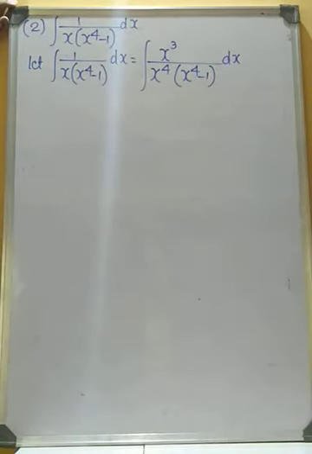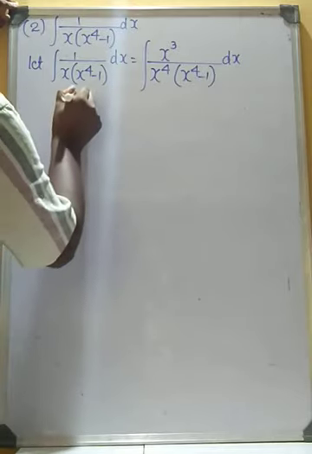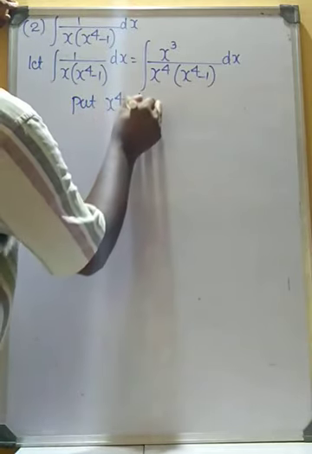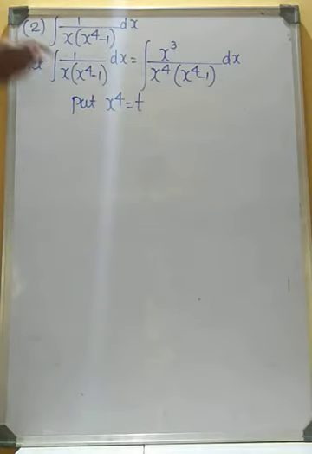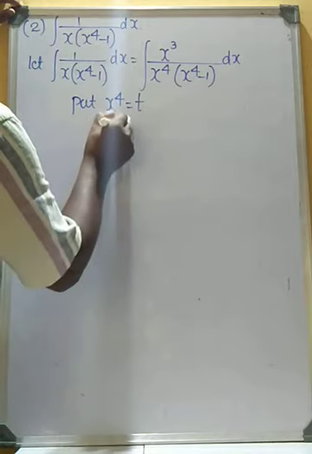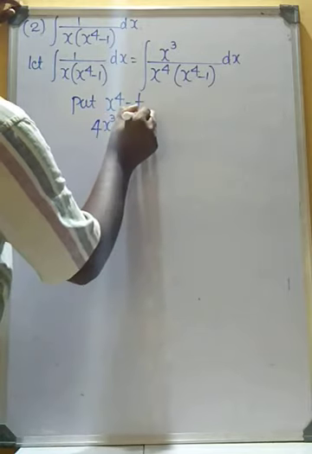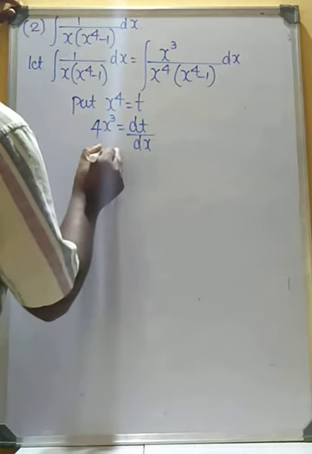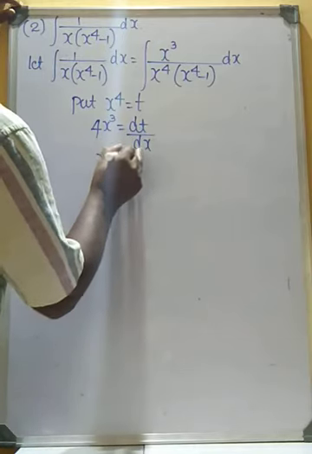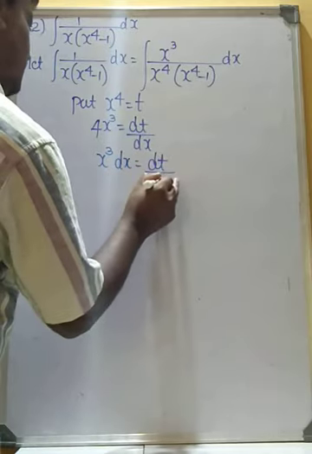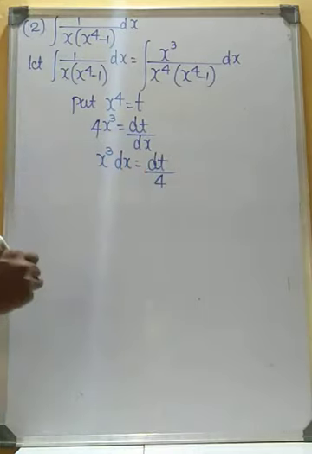So now put x to the power of 4 equal to t. Now differentiate with respect to x: 4x cube equals dt divided by dx. Therefore x cube into dx is equal to dt divided by 4. So substitute in the given integral.